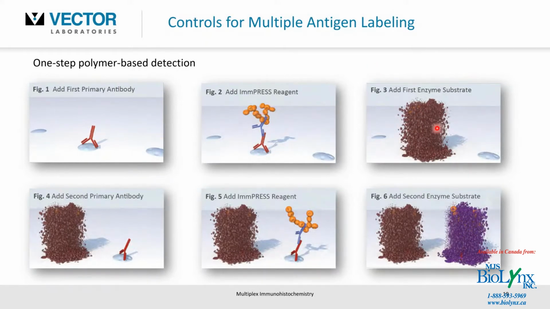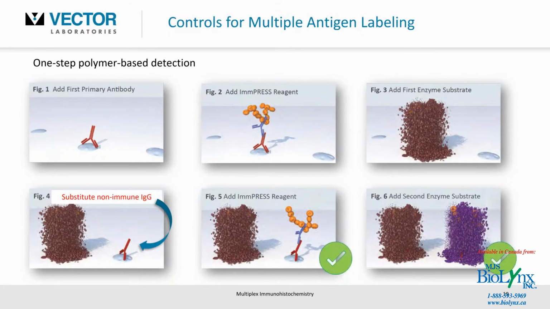So here's your first label, and then here's your second label, your second primary, second secondary detection reagent, and then second enzyme substrate. Let's call it VIP. So you've got two peroxidase-based systems here, two different colors contrasting quite nicely. So the idea would be, for a negative control, to substitute in a non-immune IgG for this second primary antibody.